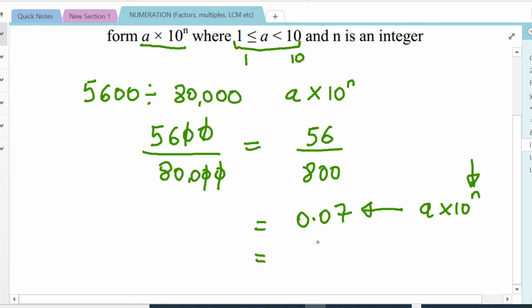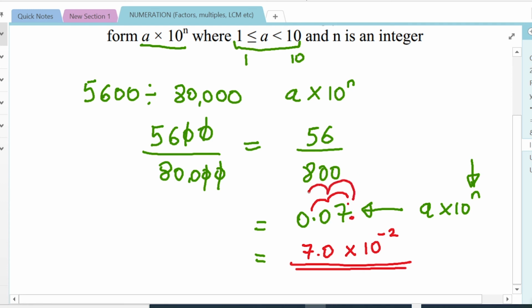So that means the decimal point is supposed to move 2 steps ahead, so it becomes 7.0 times 10 to the power negative 2. In other words, the decimal point should move 2 steps in the reverse direction to get back to where it was.